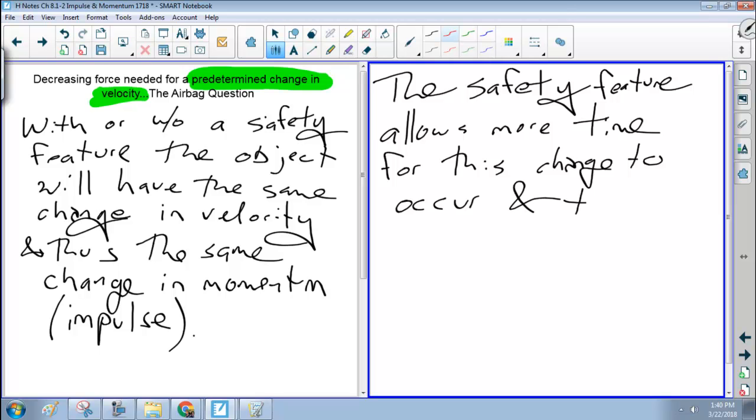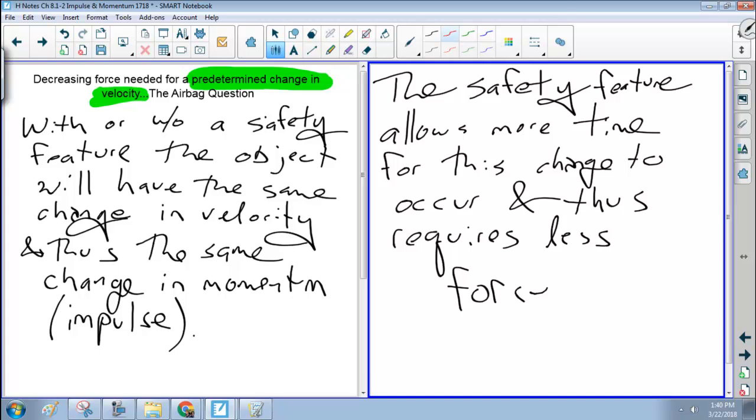And once again, thus requires less force, which is the whole point. When somebody punches you, it's the force that hurts you. That's why they always say it's not the fall that hurts, but the landing, right? The fall takes a long time, the landing, not so much.